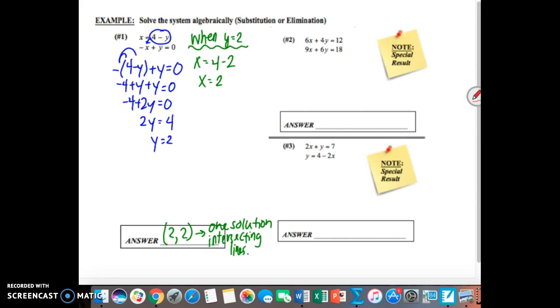For number 2, we have 6x plus 4y equals 12 and 9x plus 6y equals 18. If we were to multiply the first equation by 3, and multiply the second equation by negative 2, we end up with 18x plus 12y equals 36, and negative 18x minus 12y equals negative 36.